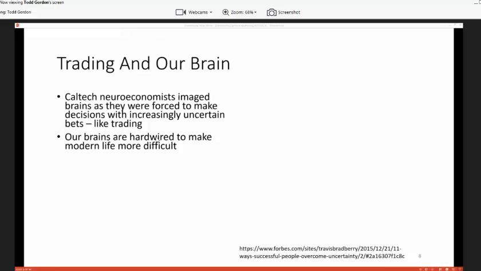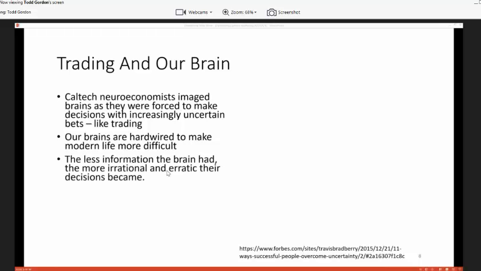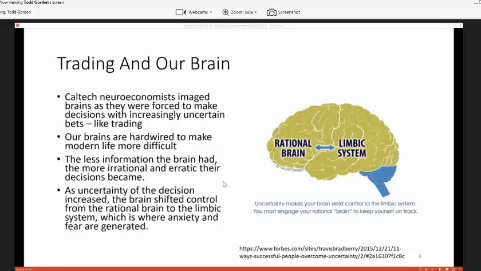What they found is that when faced with uncertain choices, like trying to predict where the market's going, your brain physically shifts the decision-making process to a different part of the brain. And the more uncertain the decision was, with not as much information available to help you make the best choice, the more of an emotional decision it became.